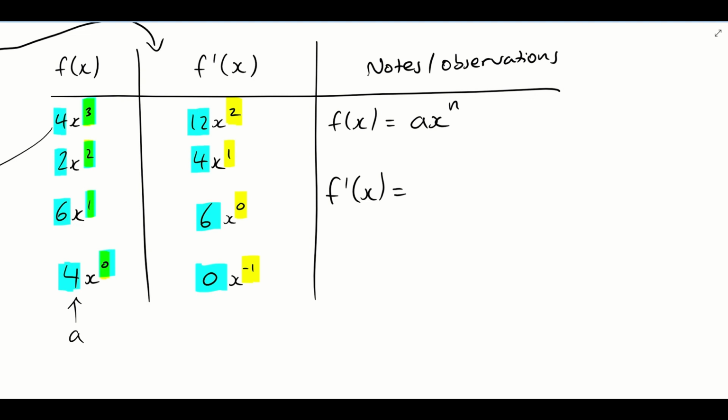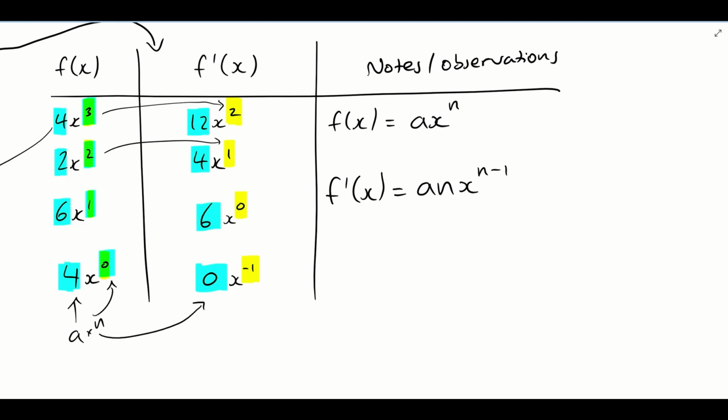So that would be a, and that would be our n, and we multiply those together to get our derivative out the front there. We get a times n as the new constant, and then we get x to the power of 1 less than whatever the n was. So this 2 is 1 less than this 3, and this 1 is 1 less than this 2. So x to the power of n minus 1.